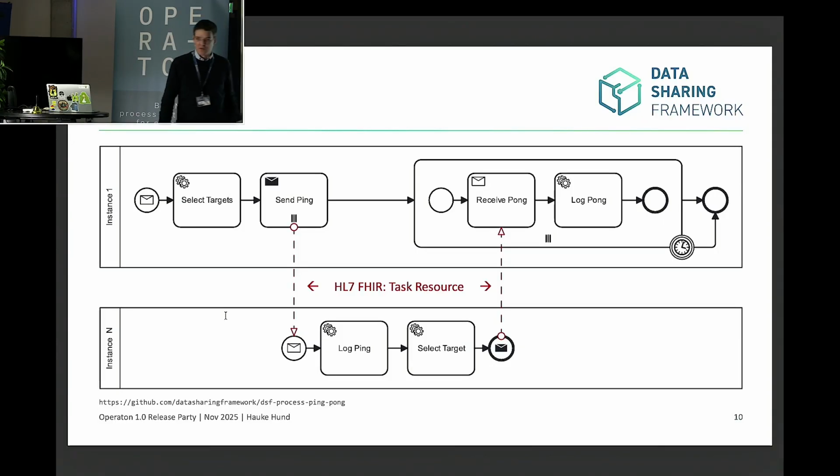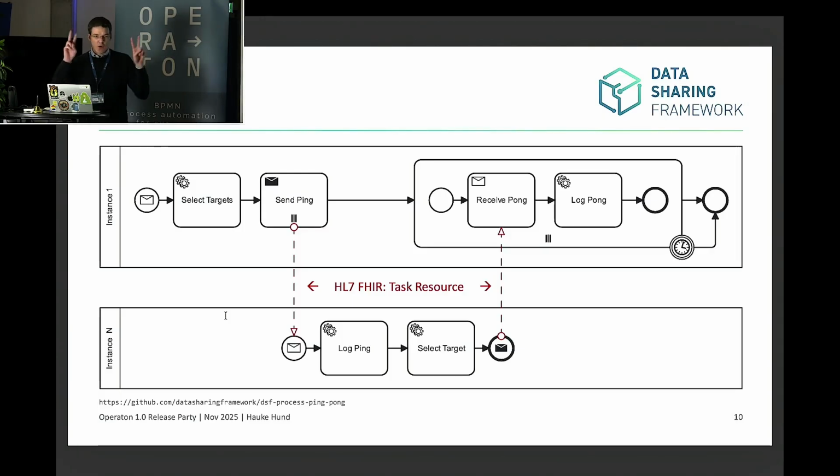For all these message events, that is basically the rule within our framework. Every time you have a message event that crosses organizations, then there is a so-called FHIR task resource within this healthcare data standard that gets transported over the wire, that starts then the process on the remote instance. So this is the way we connect the locally running business process instances with each other, and create this distributed network, as I was saying.